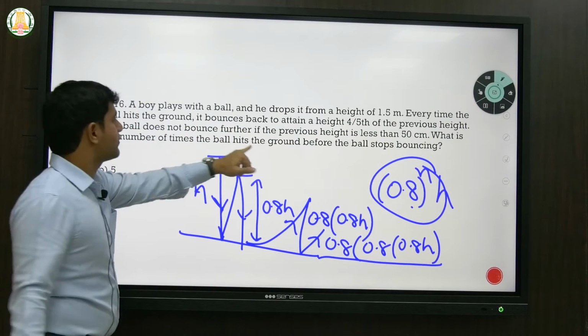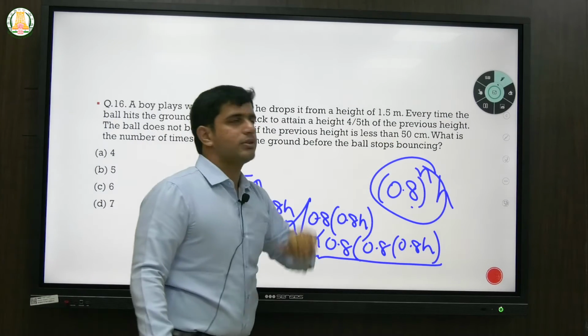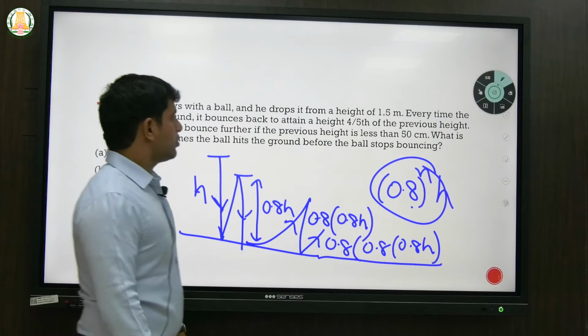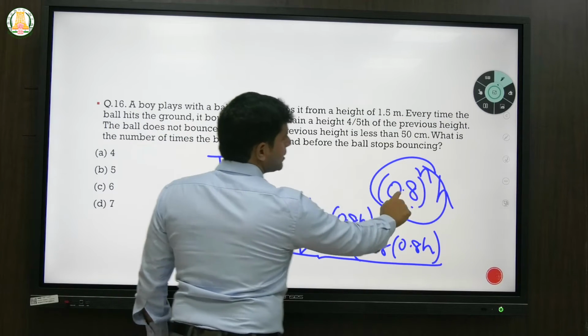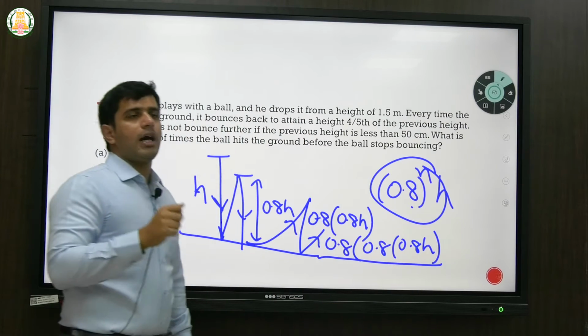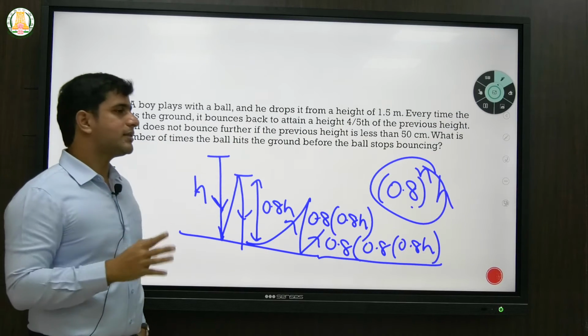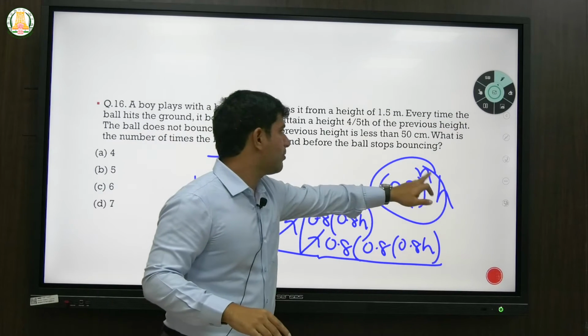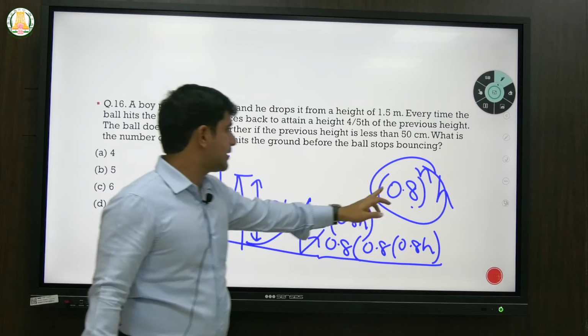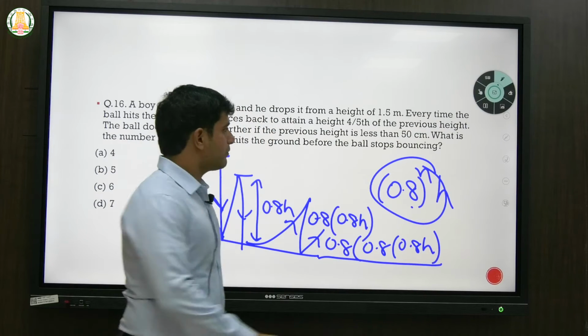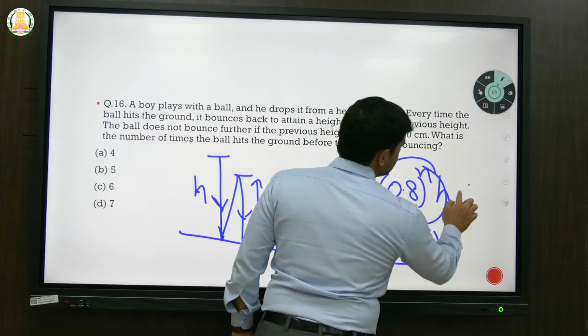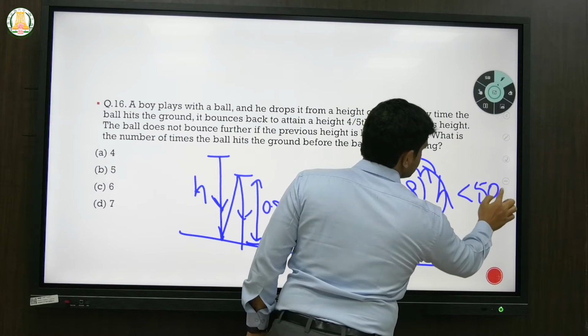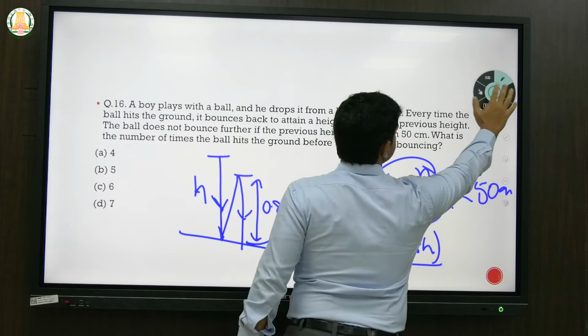So what is the number of times the ball hits the ground before the bouncing stops? So you know that height at any point is 0.8 power n into h. Like let's say after one bounce, what is the height it attained? 0.8 power 1 into h. After two bounces, it attains 0.8 power 2 into h. So you have to find out at what n this will be less than 50 centimeters.